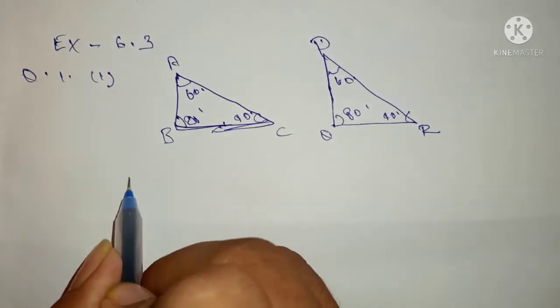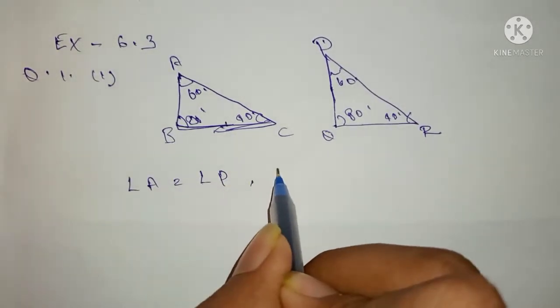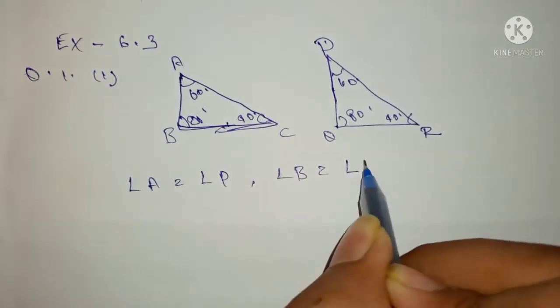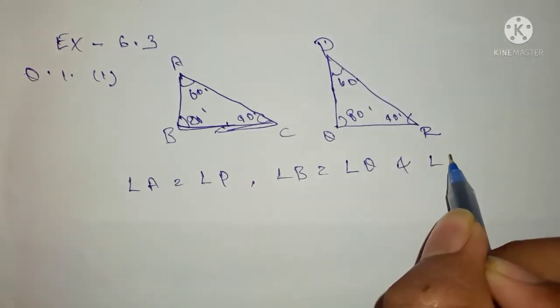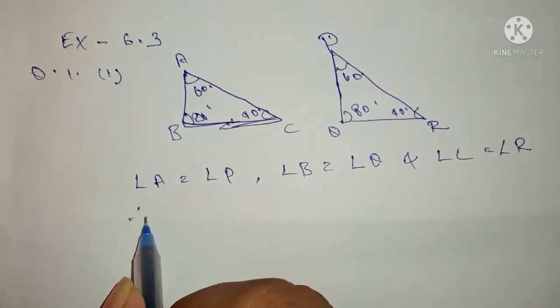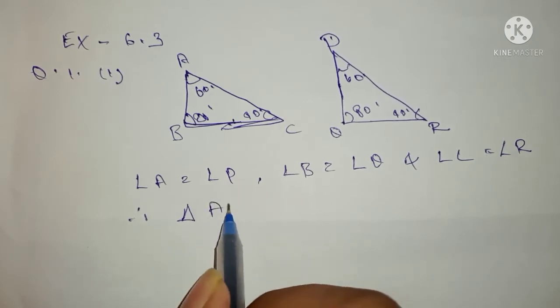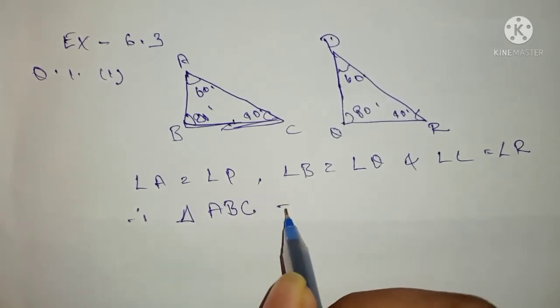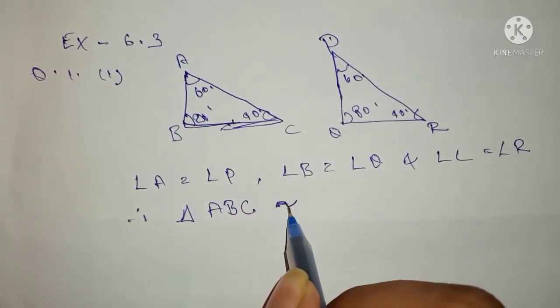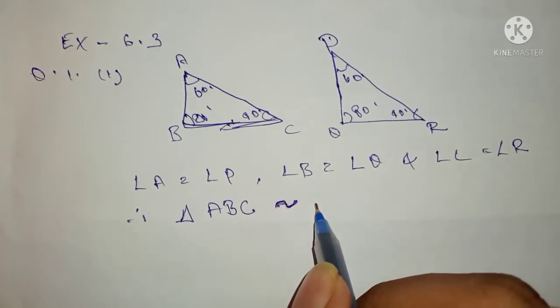So here we can see angle A is equal to angle P, angle B is equal to angle Q, and angle C is equal to angle R. Therefore we can say that triangle ABC is similar to triangle PQR. This is the symbol of similar to.